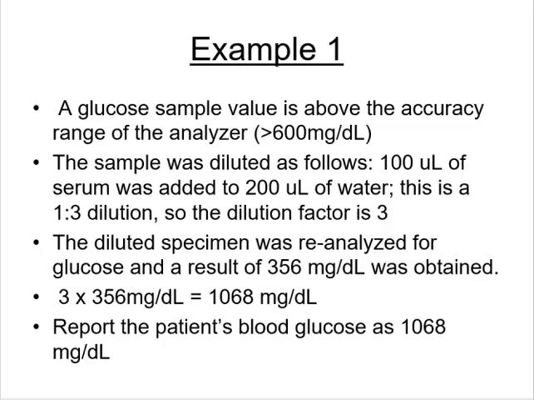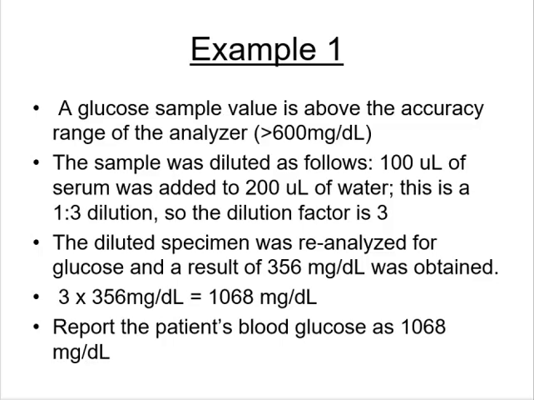The glucose sample value was above the accuracy range of the analyzer, so it was above 600 milligrams per deciliter. And the sample was diluted as follows. 100 microliters of serum was added to 200 microliters of water. This is a 1 to 3 dilution, so the dilution factor was 3.